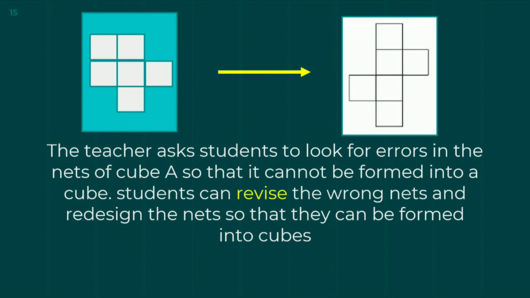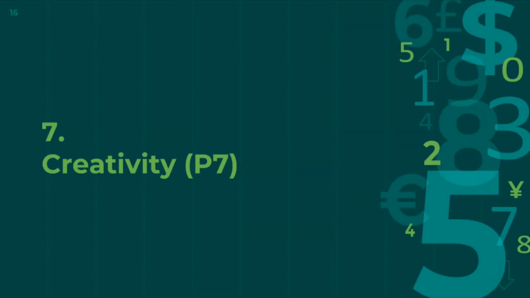Students can revise the wrong nets and redesign the nets so that they can be formed into cubes. In this level, students have the ability to develop skills and modify patterns according to what is needed. The last level is creativity.